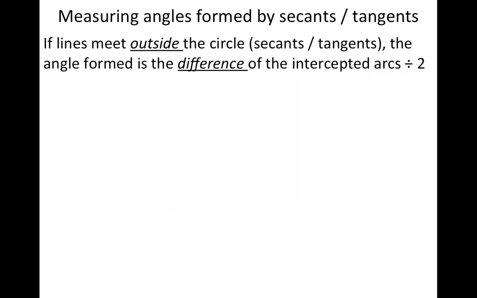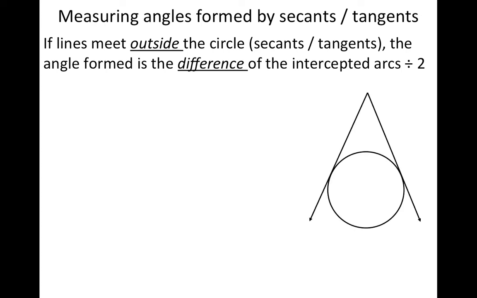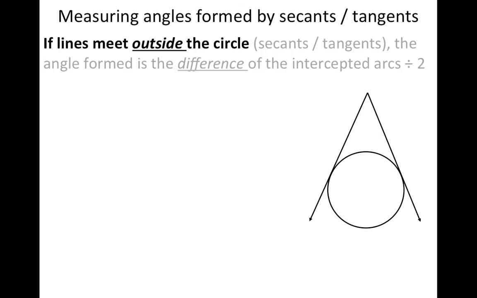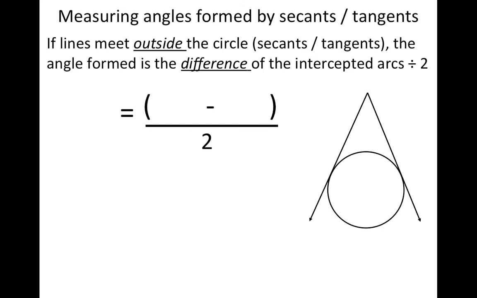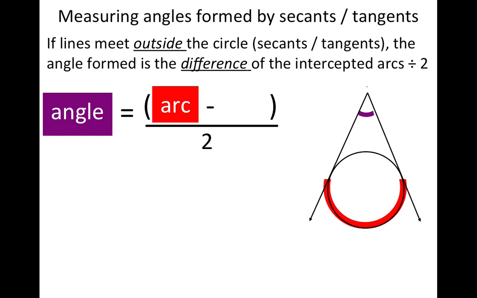Now what happens if I've already done an example of two secants and a secant and a tangent? What about if I have two tangents? Again, everything's the same. If they meet outside the circle, it's the difference of the intercepted arcs divided by 2. So if I want to try to find that angle there, I know it's equal to the red arc minus the blue arc divided by 2.